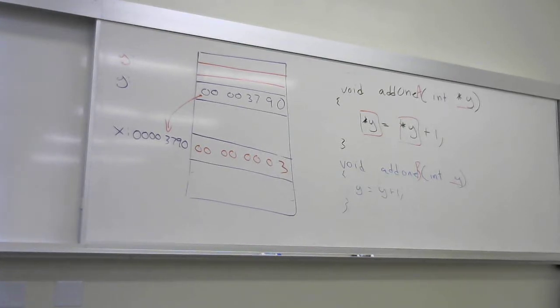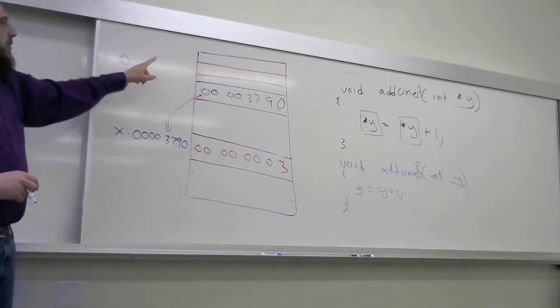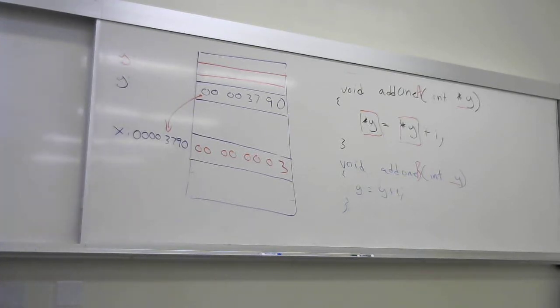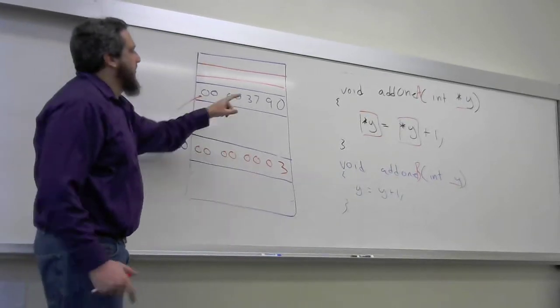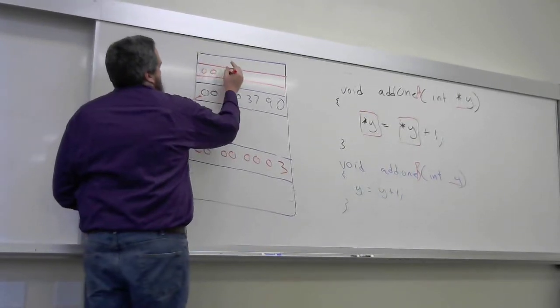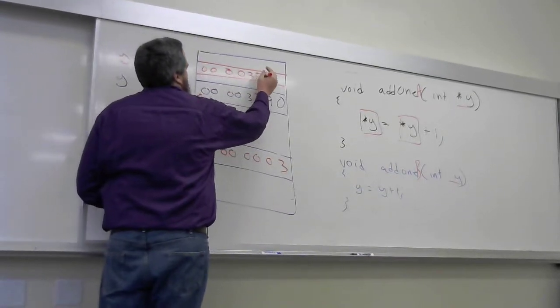We have one x which belongs to main. What's the value of this red y up here? And why is it the address of x? It's the value of main's y. The value of main's y is 00003790.